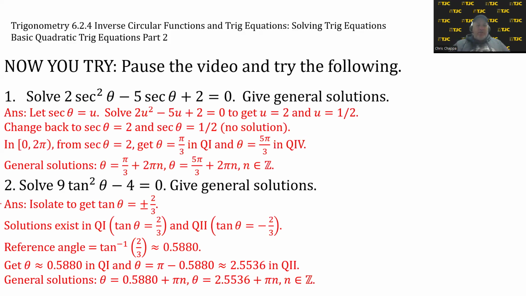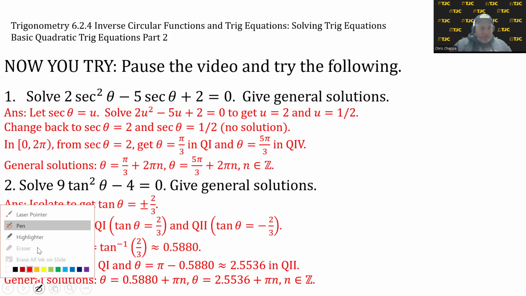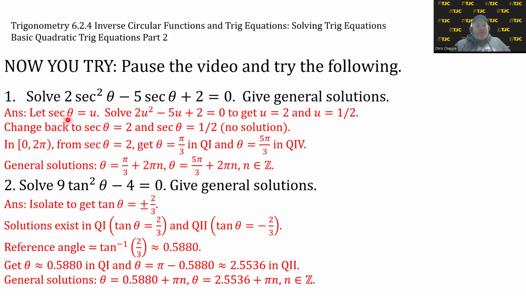On the first one, if we make the substitution secant theta equals u, the equation becomes 2u squared minus 5u plus 2 equals 0. That does factor. It factors into u minus 2 and 2u minus 1. I'm sorry, that should be a minus.